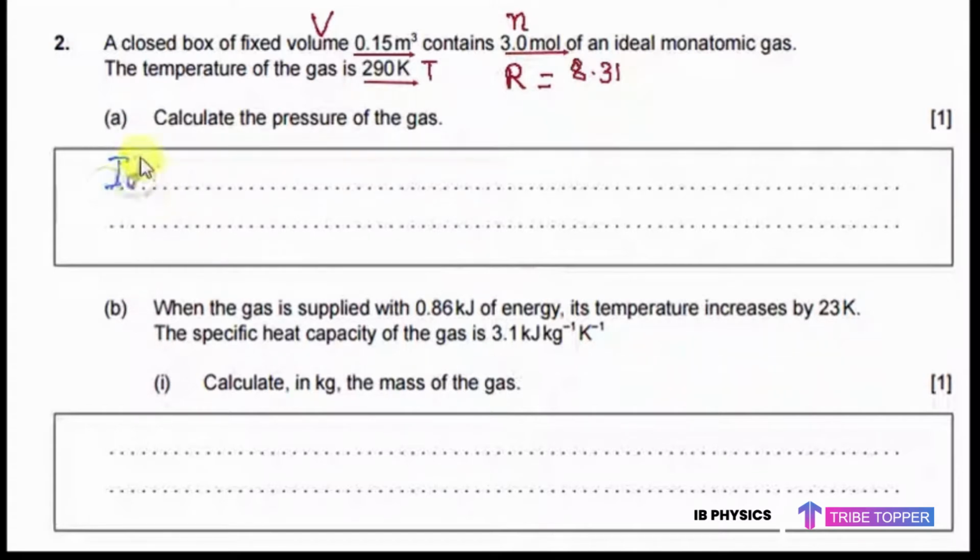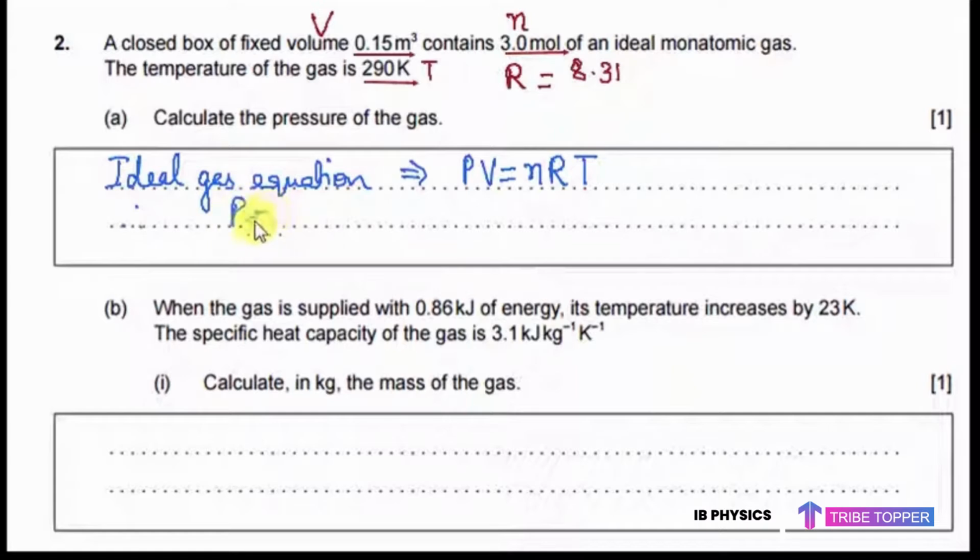So you would write the answer as that ideal gas equation gives us PV is equal to nRT, where P is the pressure, V is the volume, n is the number of moles, R is the universal gas constant, and T is the temperature. Therefore, what is P?